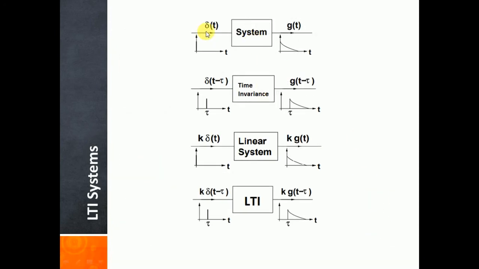Now if you have a system and given an impulse, you have an output which is g of t, which technically is called the impulse response of the system.